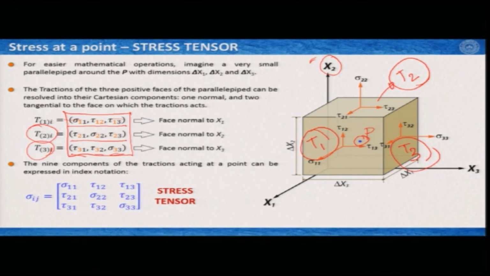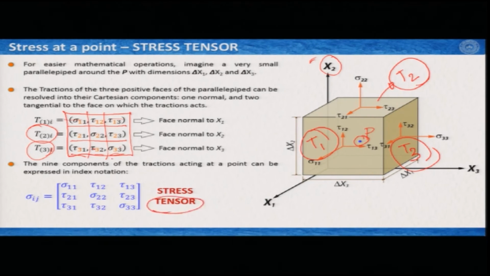But when we need all these 9 components, 1, 2, 3, 4, 5, 6, 7, 8, 9, to define the stress at a point, it does not remain a vector anymore. It becomes a new sort of description of the parameters, and this is known as a tensor.